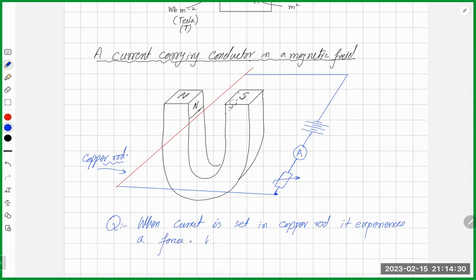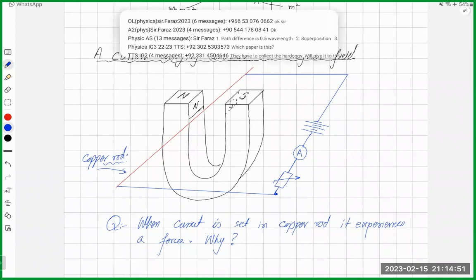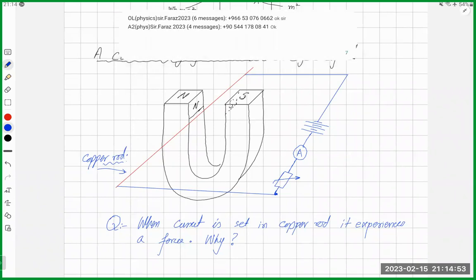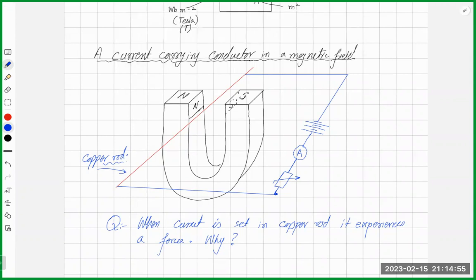The question is, why? Have we studied enough about this topic to find out why there would be a force on the current carrying conductor when it is set in a magnetic field?